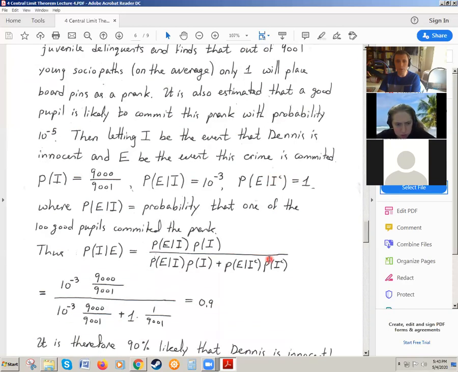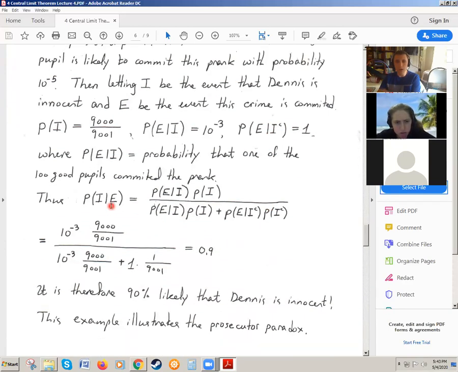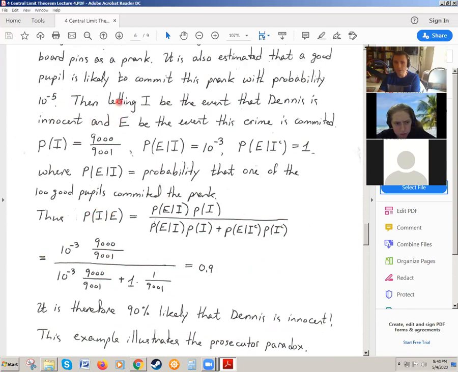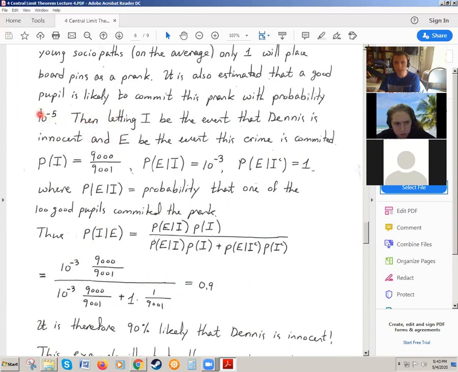Then the probability of innocence given the evidence. I should mention that, let's say, for each individual good student, 10 to the power of -5 is the likelihood.